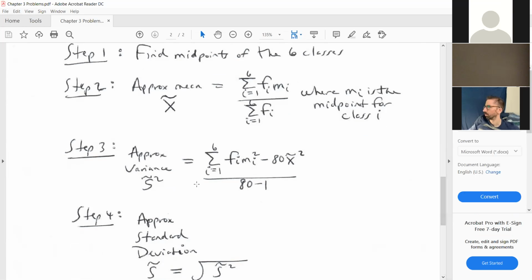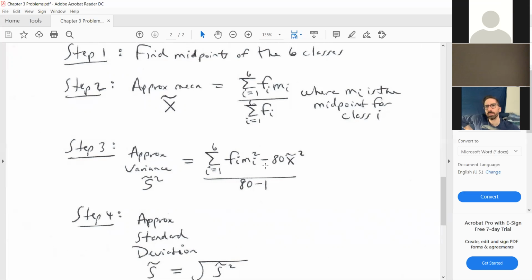So, for the approximated variance, this is a shortcut formula. Look at the numerator. It's saying to add up the product of the frequency times the midpoint squared for each value, and then subtract from that the number of values in the data set times the approximated mean squared.